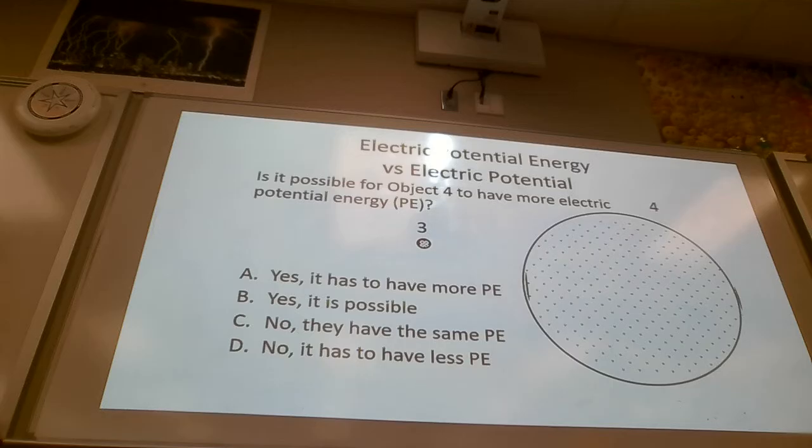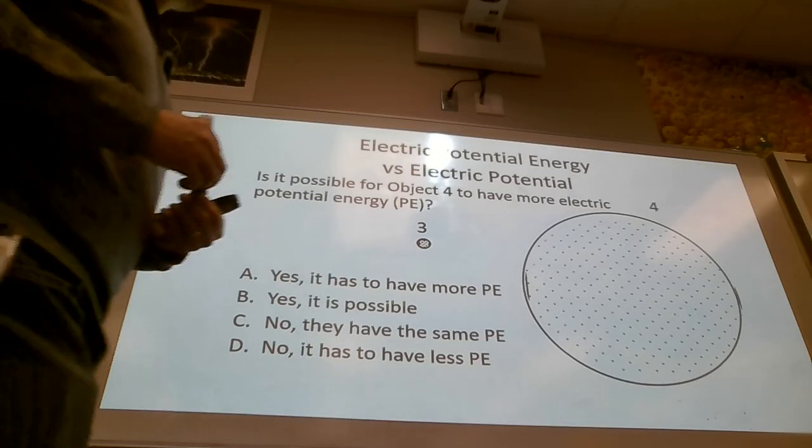Whichever has higher density of electrons will have higher electric potential. So electric potential energy is electrons. Correct answer is sure, possible.